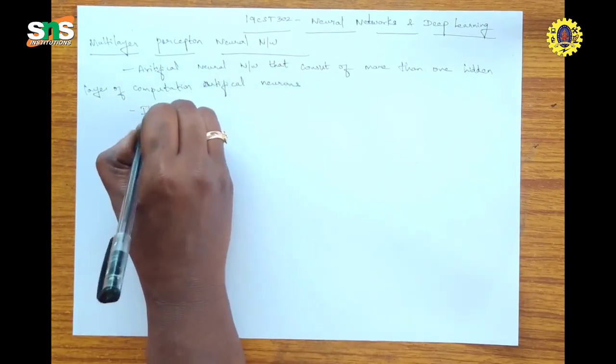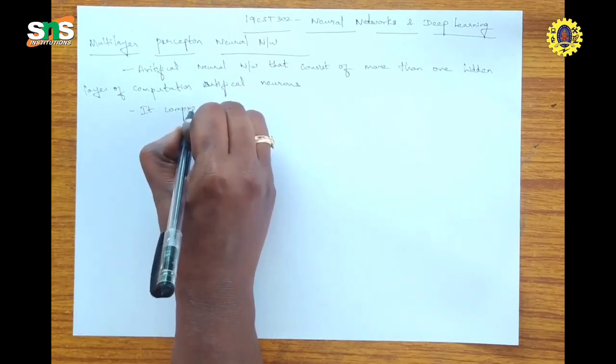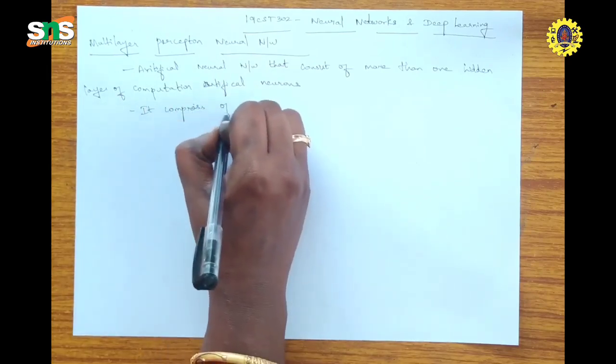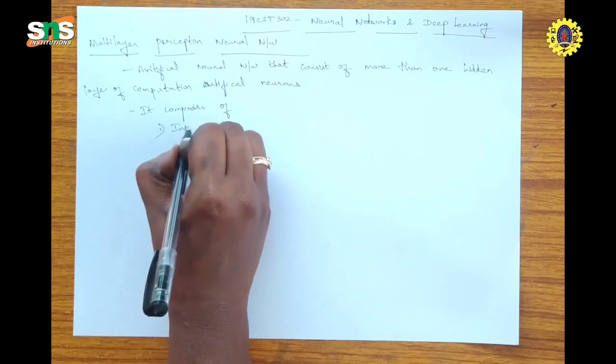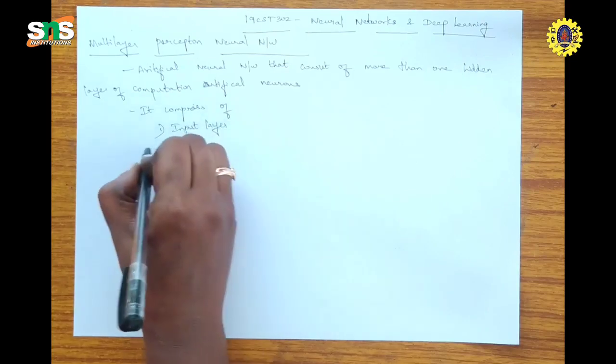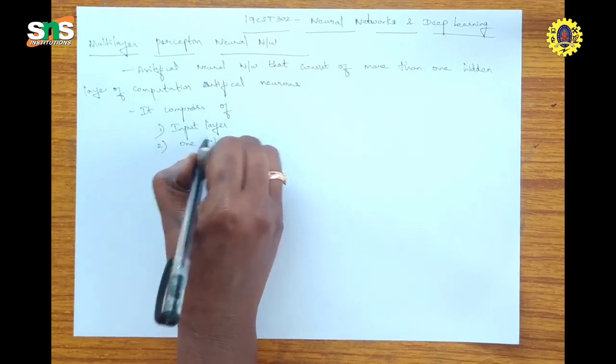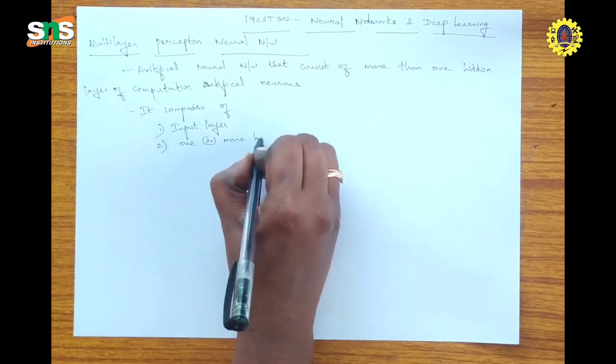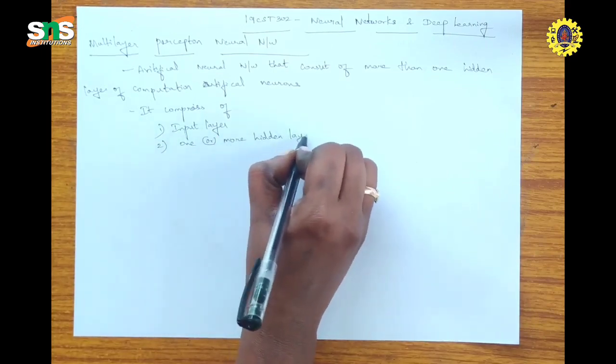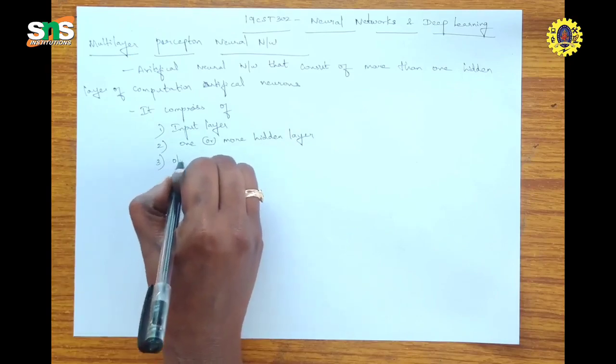It comprises input layers, one or more hidden layers, and an output layer.